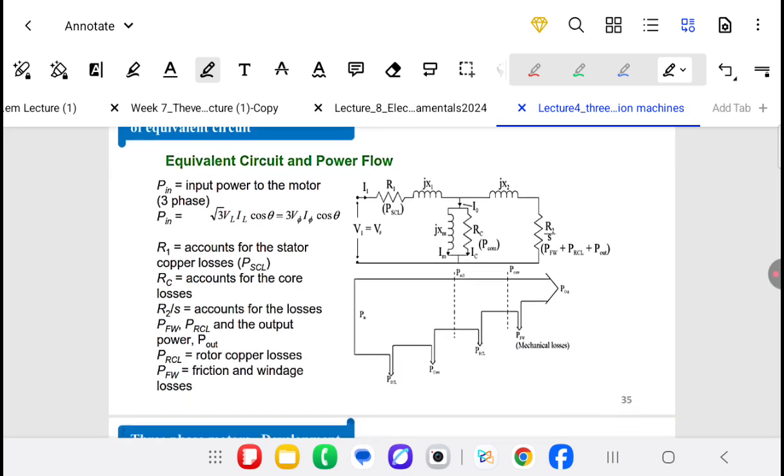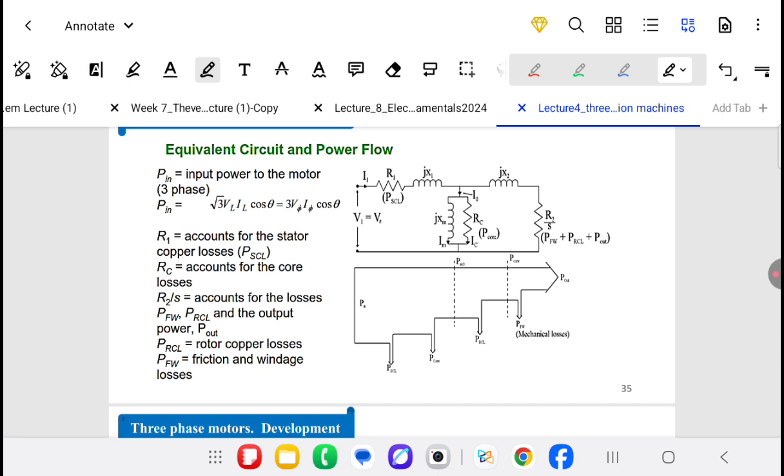Now we will discuss the power flow diagram. We have the input power. The first power loss is the stator copper loss in R1. Then we have the core losses in RC, which is P core.